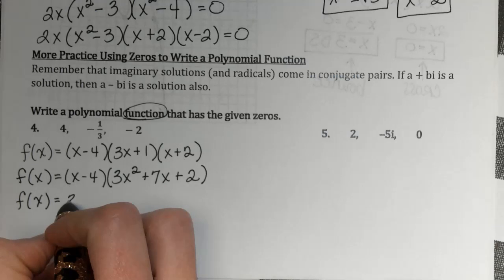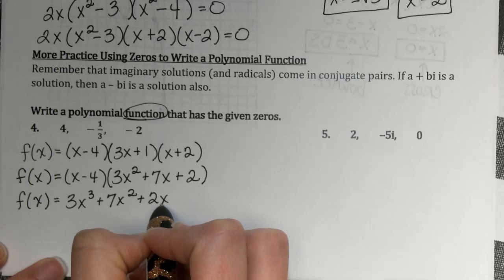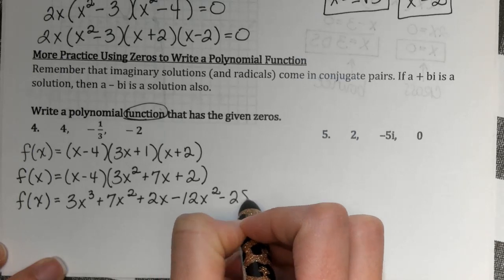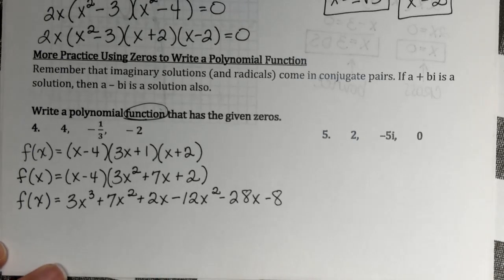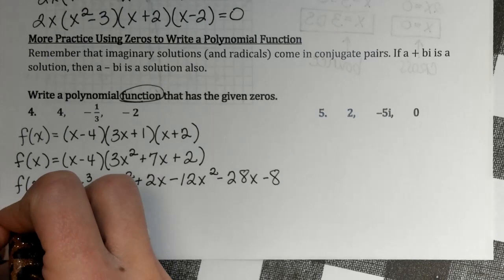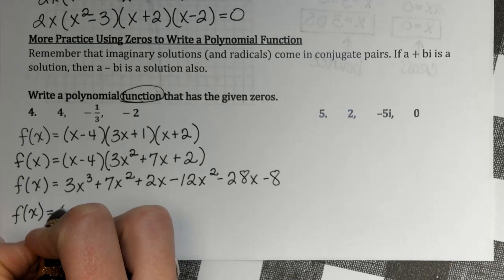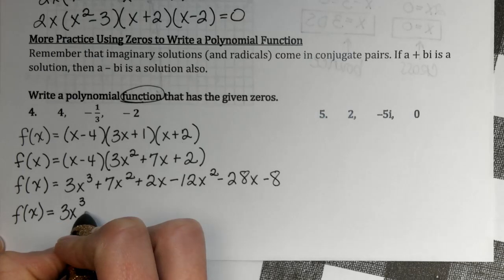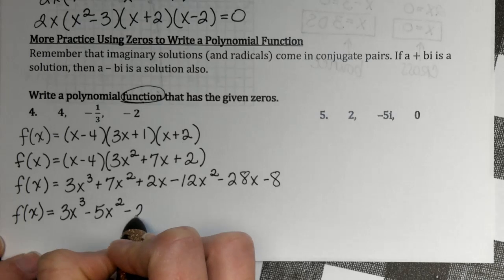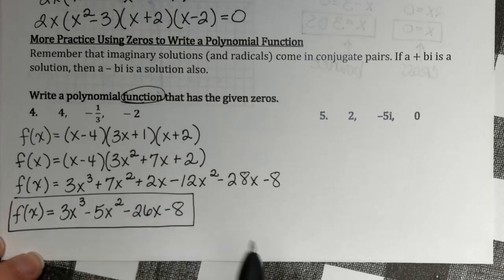Okay, so then I get 3x cubed plus 7x squared plus 2x minus 12x squared minus 28x minus 8. So my final function will be what? Very good. So, no one typically gets that wrong.